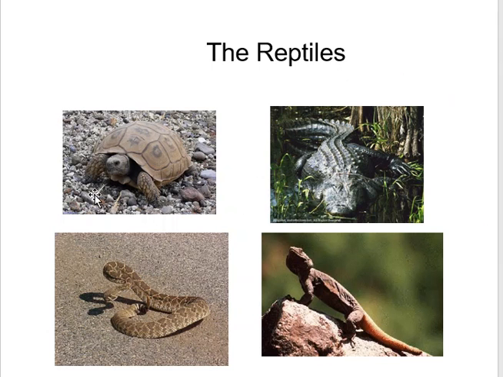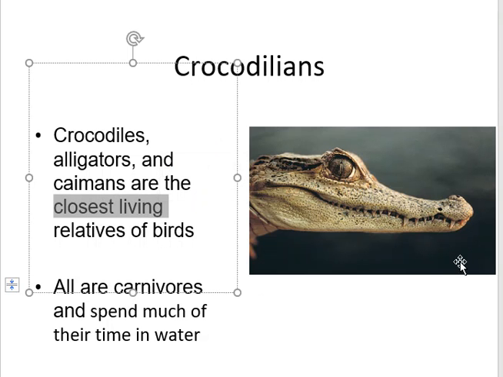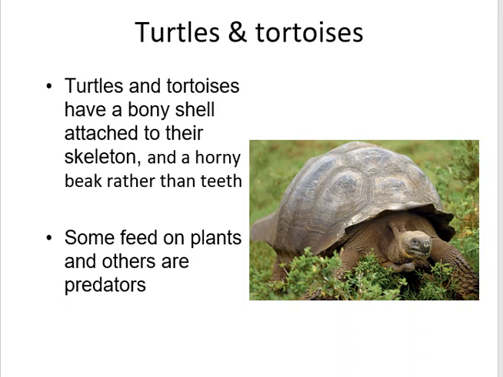Just briefly, you know who all these are. They're represented here. Crocodilians are actually the closest living relative of birds, believe it or not. They're all carnivores. This is a group that spends much of their time in water. Remember that the general trend here is to go to the inner land and get away from bodies of water, but there are always going to be exceptions.